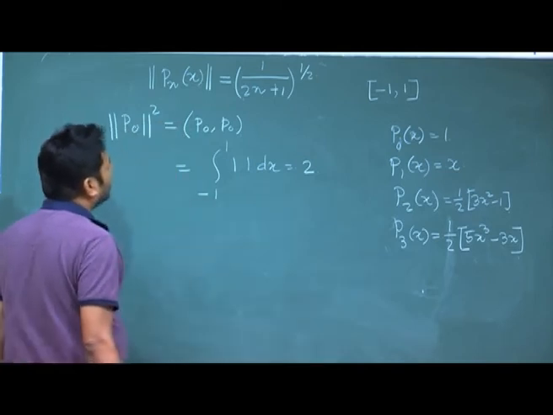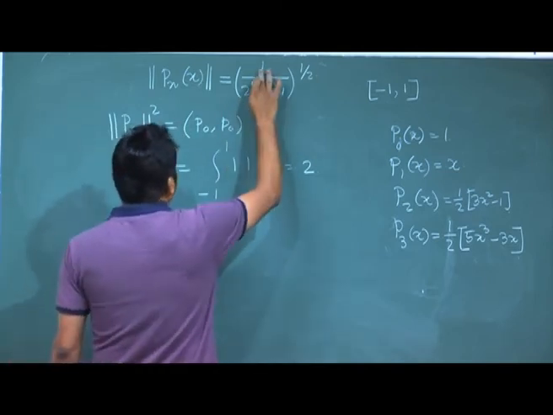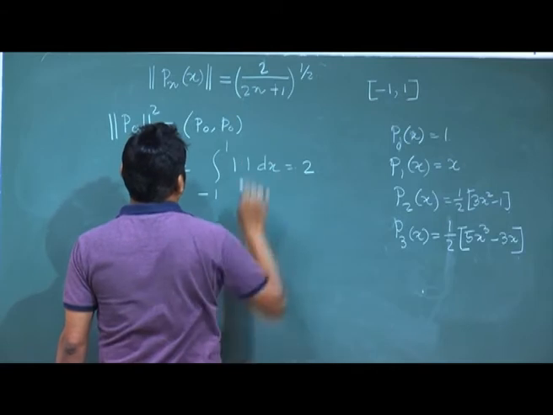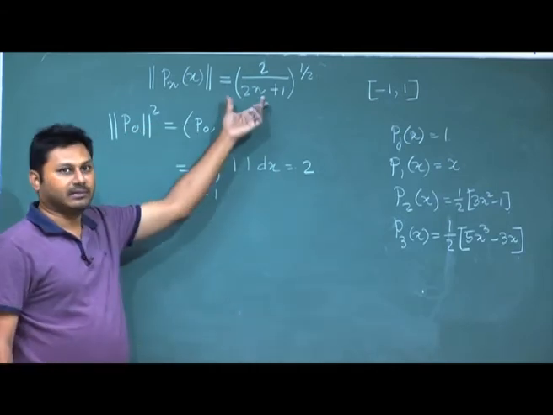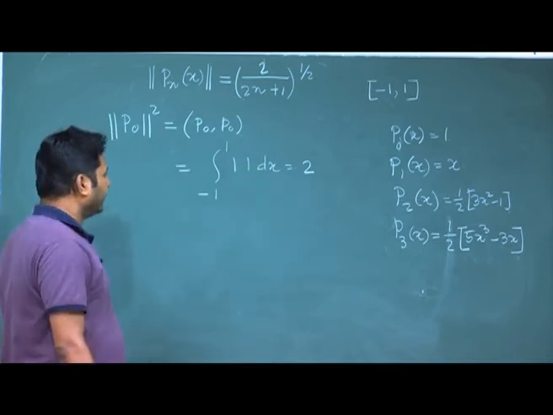Okay, in this formula I am making one mistake. It should be 2 divided by 2n plus 1. So far I remember it is 2 divided by 2n plus 1. Okay, I will check that with this.